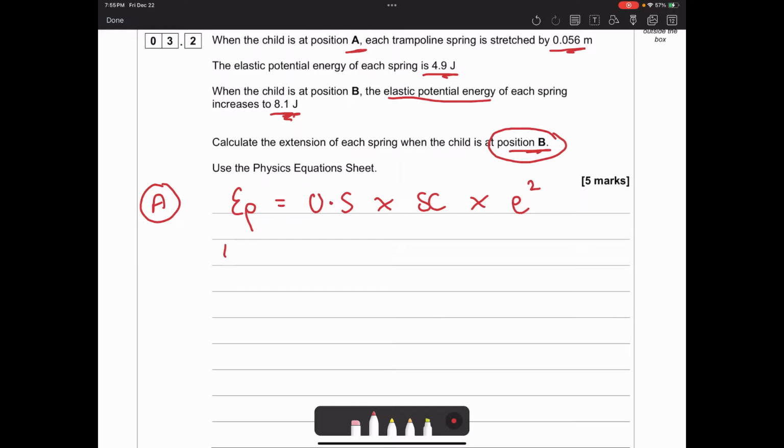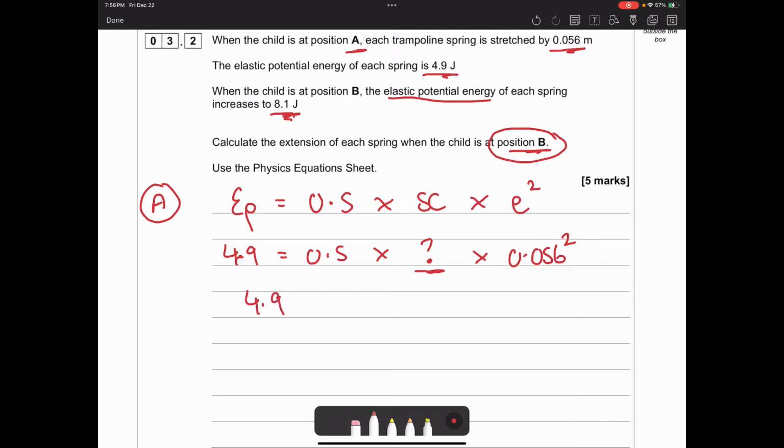So we can't use this equation yet for position B. So therefore, we would have to work out what we're missing at position A. Now, we've been told at position A, we've got 4.9 joules of energy equals 0.5 times our spring constant, which we haven't been told, and we've been told our extension is 0.056, which must be squared. So what we can then do is figure out the spring constant of our spring.